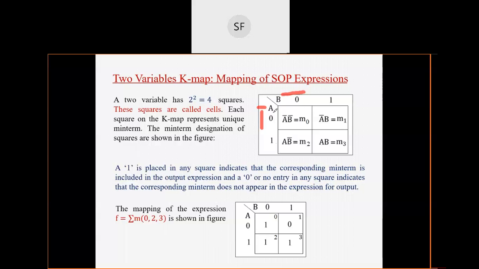So A की corresponding value 0 1 यहाँ पे दो rows A के लिए, and here two columns are dedicated to two different values of B, that is 0 and 1. Okay, 0 1 for B, 0 1 for A.